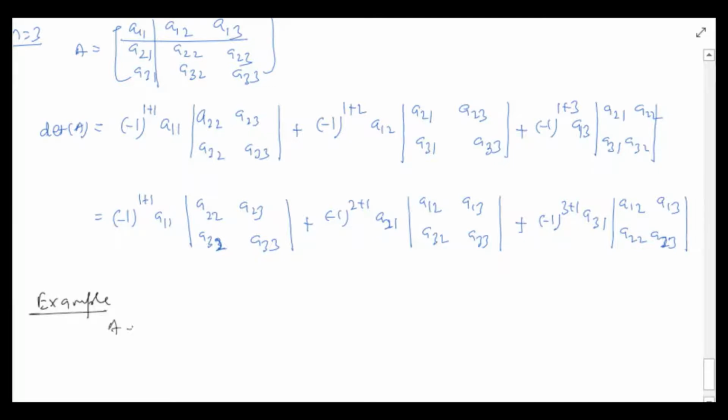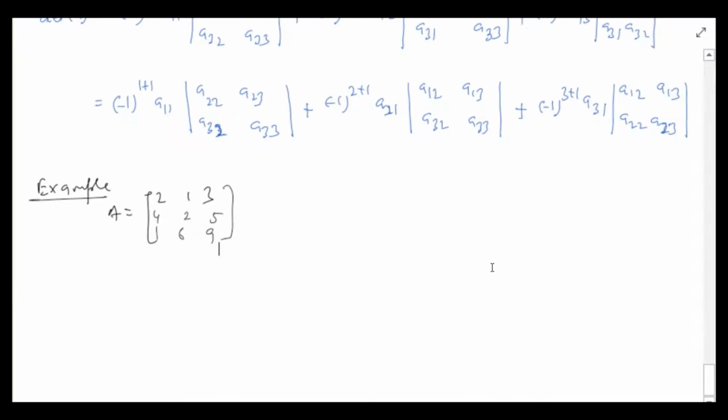So let us consider the 3 by 3 matrix 2 1 3 4 2 5 1 6 9. Let's compute determinant of A via expanding along the first row.